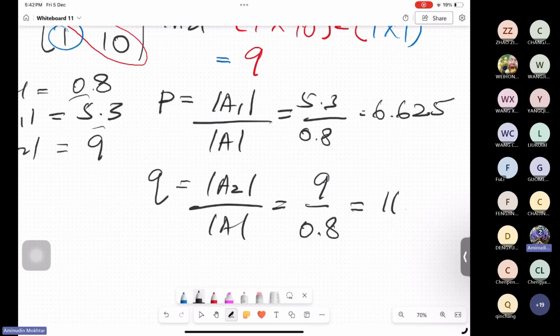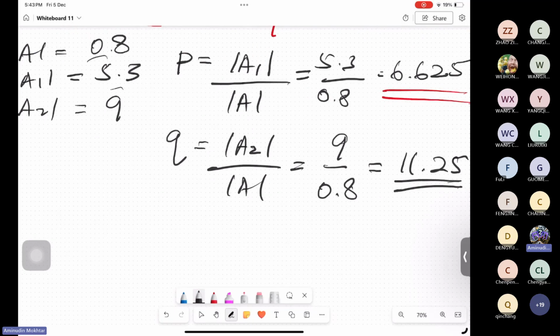So this is equal to 11.25. Okay, that's the answer. P equals 6.625 and Q equals 11.25. In other words, these are the values of P and Q at the equilibrium point.